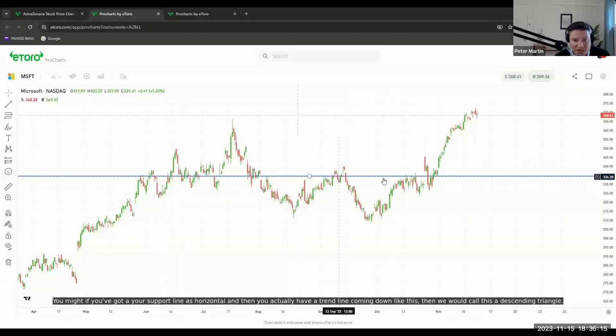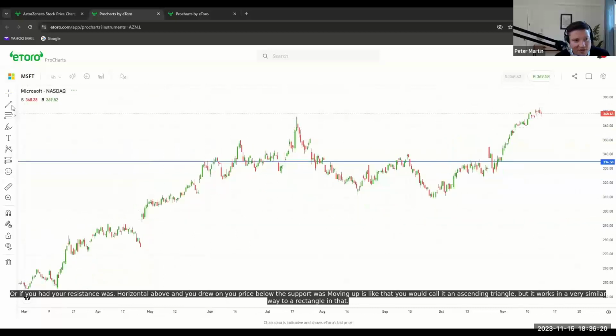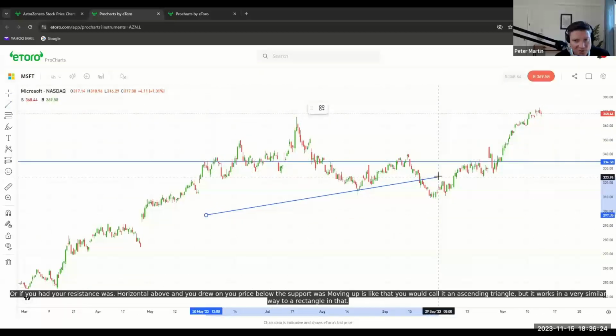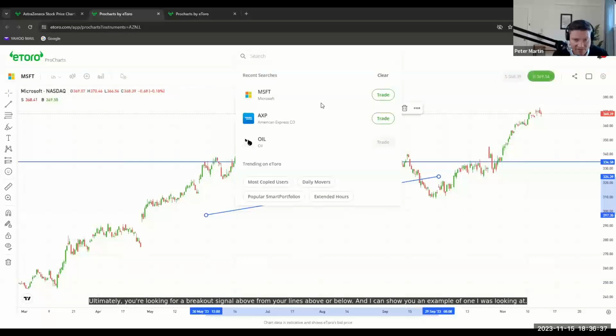Or if your resistance was horizontal above, and the price below the support was moving upwards like that, you would call it an ascending triangle. But it works in a very similar way to a rectangle, in that ultimately you're looking for a breakout signal above or below your lines.